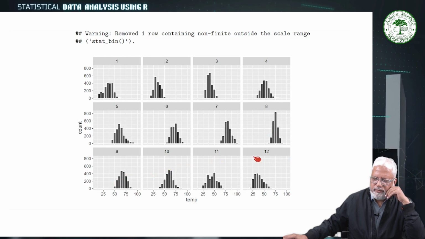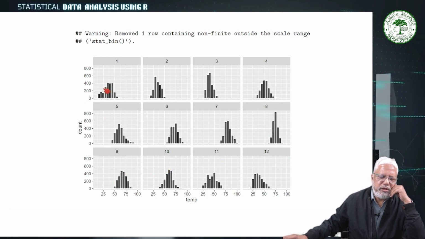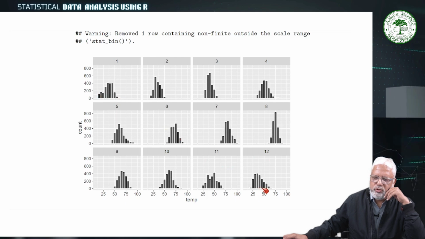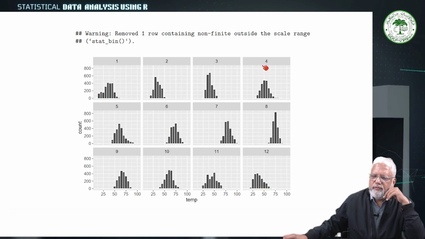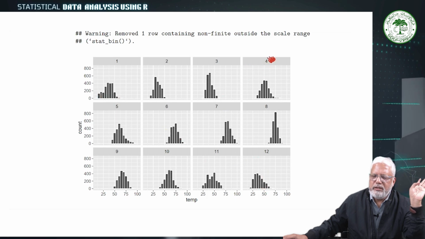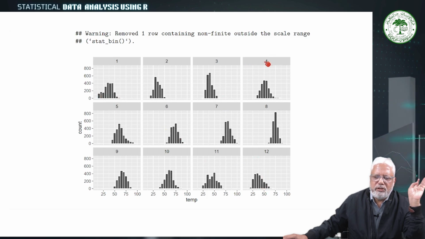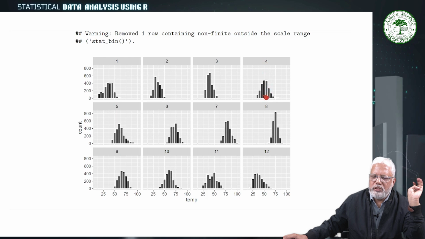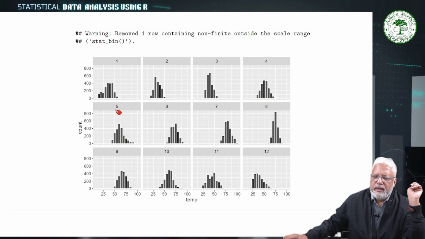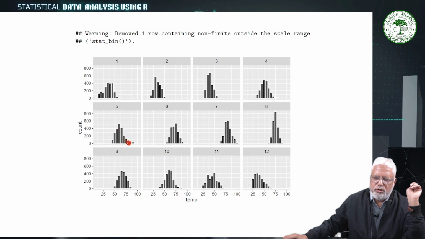In the month of January it is left skewed, whereas in December it is right skewed; note it is the temperature of New York, not any other place. In April it looks symmetric, whereas in May it is right skewed.